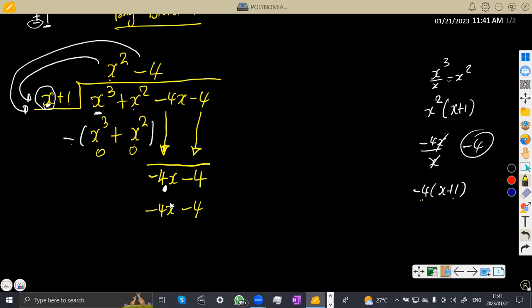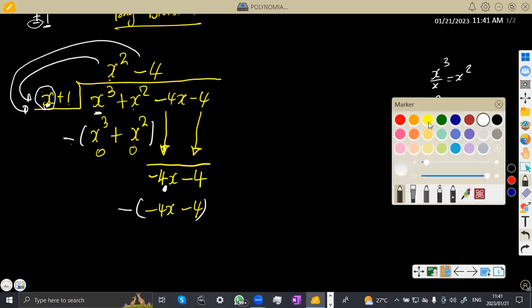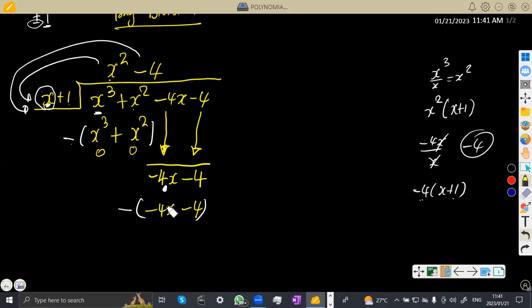After writing this down, what have we done in the first procedure? We subtracted the numbers. So we are going to subtract, just like the previous case that we did. If we subtract, what are we going to obtain? Clearly, here we can see that minus 4 and minus 4 are the same. So if you subtract, that's a 0.